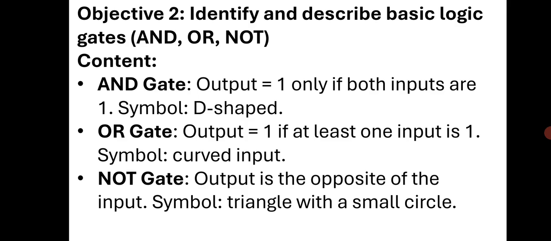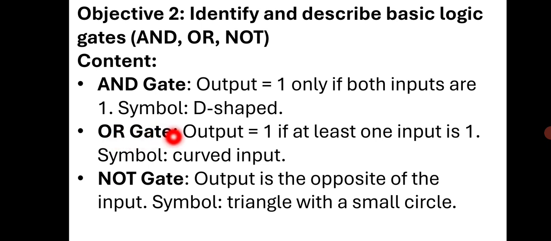For the bulb to light, both switches must be closed, both switch A and B. The name AND is coming from the fact that both switch 1 and switch 2 must be closed for the bulb to be on or to give light. That's the action of an AND gate. The symbol of an AND gate, which I'll show in the next slide, has a D shape.